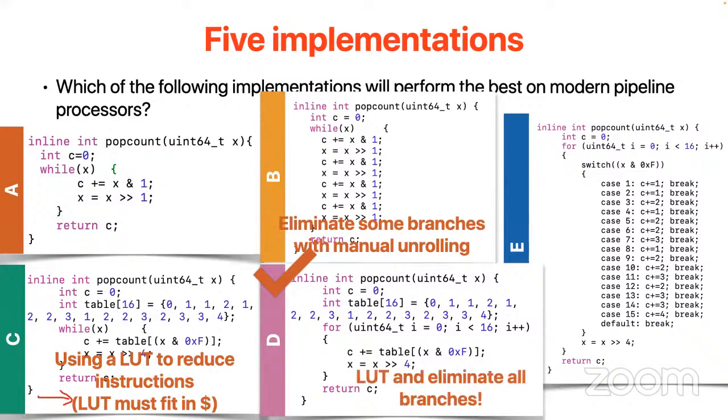And for D, it eliminates all the branches because it allows the compiler to automatically unroll and also use the lookup table to reduce the amount of instructions. And E is actually the worst because we have a lot of hard to predict branches. So this question is very interesting and very useful in your future because it tells you which code could perform better, and which code would perform very badly, right?